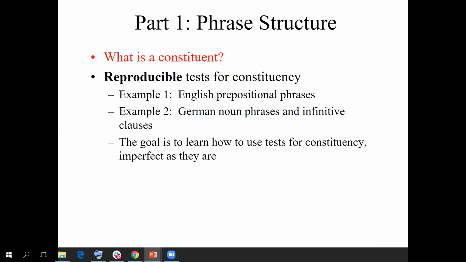Okay, so last time, or the time before that, we talked about reproducibility in linguistics, having diagnostics or tests, so that if two people are analyzing the same word or the same sentence, they can come up with the same analysis. We talked about tests with respect to parts of speech. If I take a word like which, W-H-I-C-H, and I ask two different linguists, is this a determiner or not?